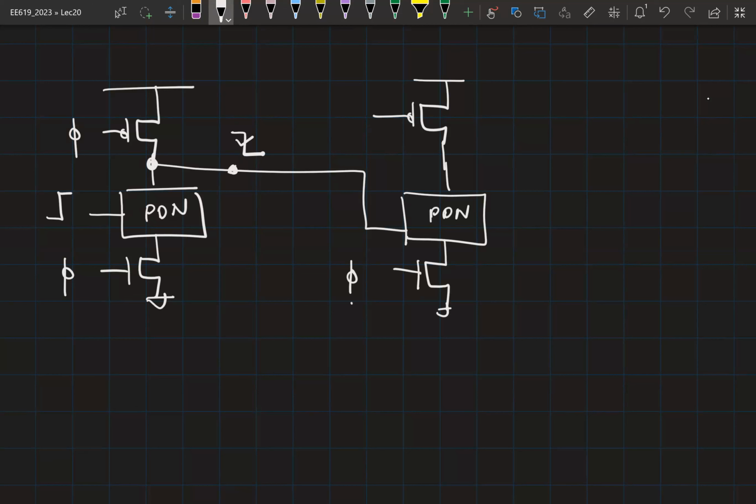Now, if you have a falling edge here, that is a problem for the second gate. So we make sure that a falling edge is not a problem for the second gate. And you can do this by pushing the logic onto the PMOS side instead of the NMOS side. So you will have a pull-up network here. And then you can take the output from here.